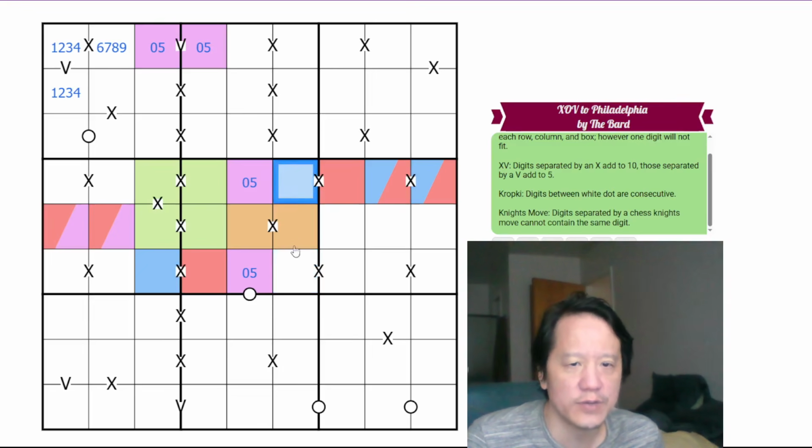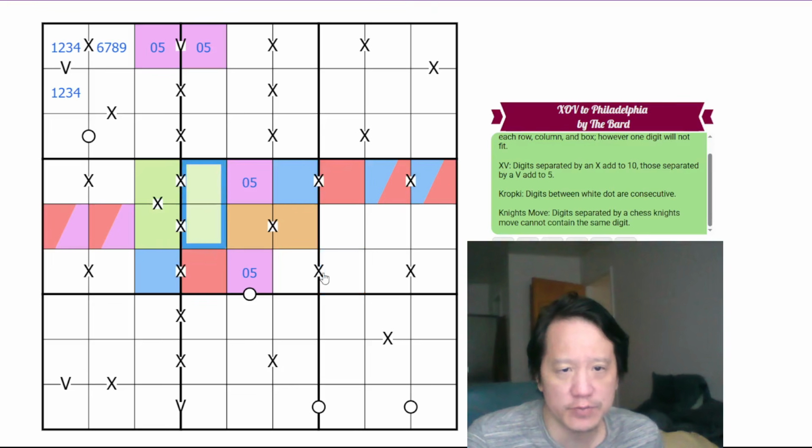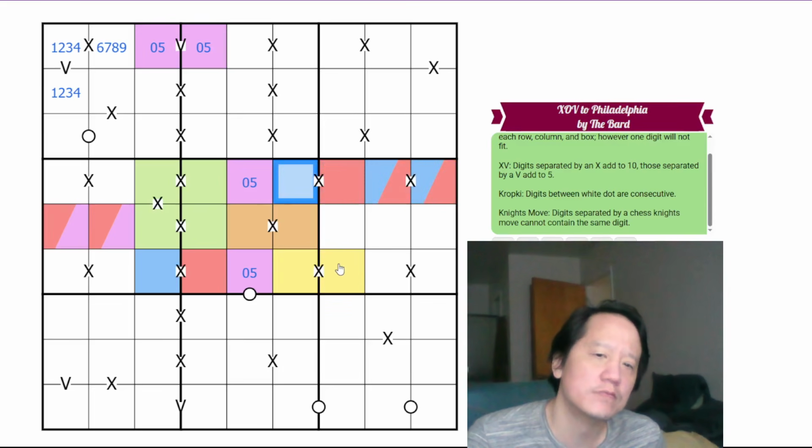Either these two add up to 10, or this is blue and red, obviously adding up to 10. This digit cannot be the same as the green digit here. So let's mark these as yellow. So this yellow then cannot be here. I guess it could be there though.